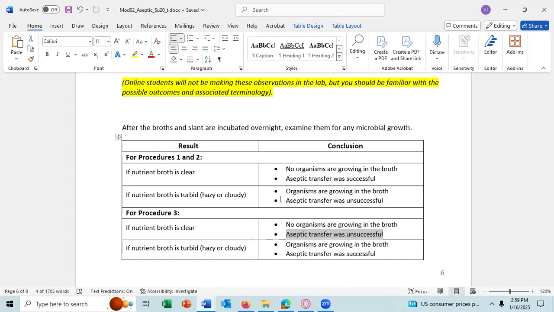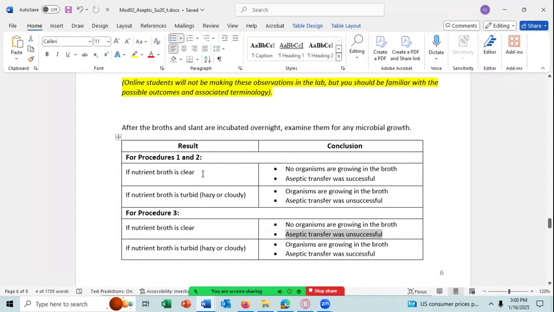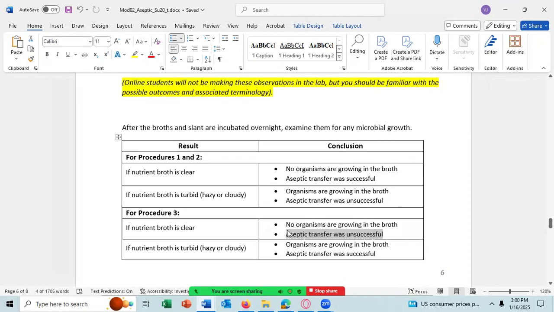So it's not because some organisms can grow in it and others cannot, but that's a good guess. Anyone else have a reason why we say the nutrient broth in procedure 1 is, if it's clear, aseptic transfer was successful, but for procedure 3, if the nutrient broth is clear, we're saying aseptic transfer was unsuccessful?